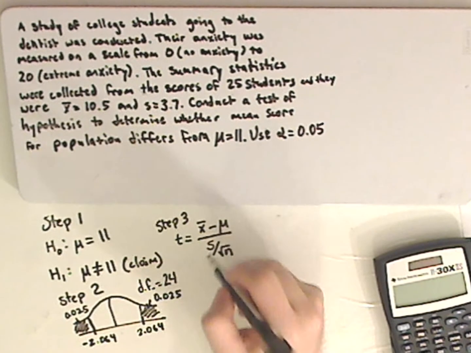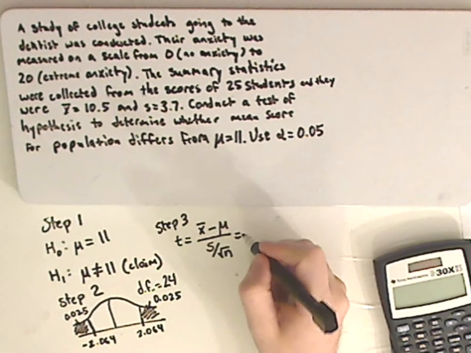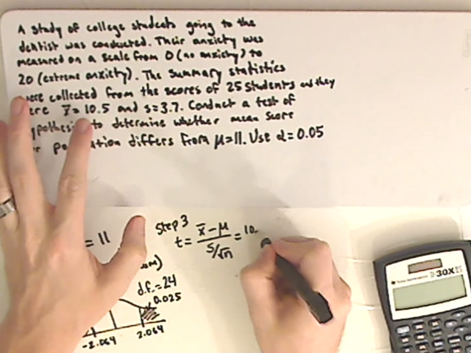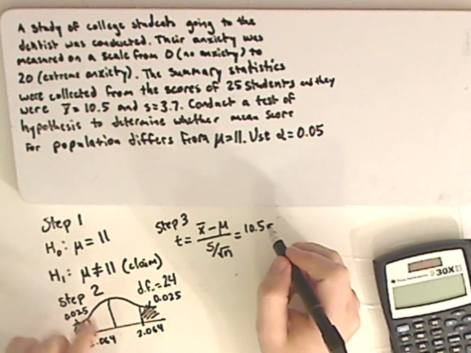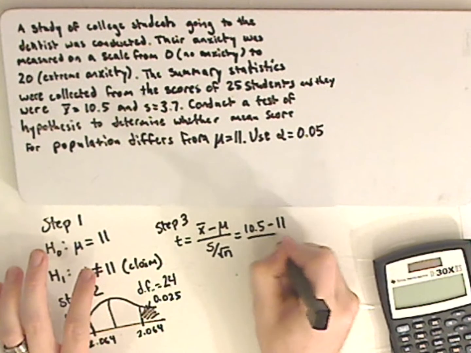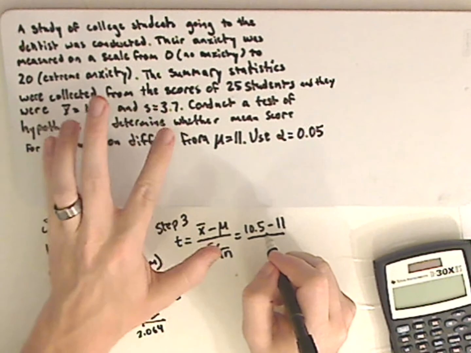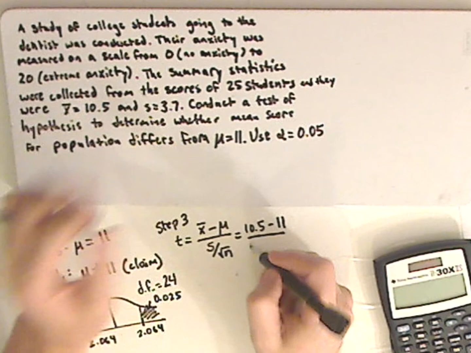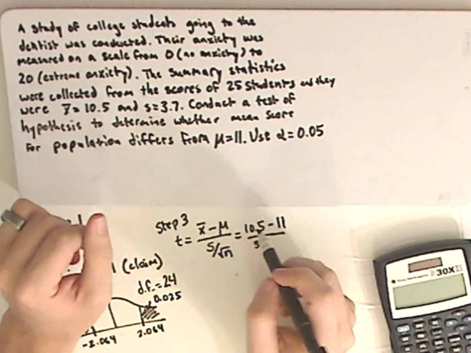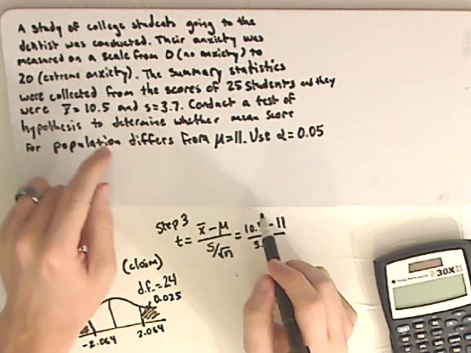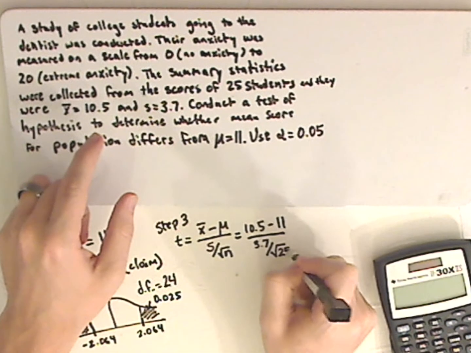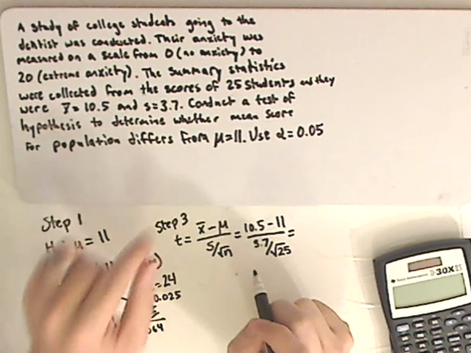You plug all those numbers in. They tell you that your x bar is 10.5. Your mu that you're testing is 11. The standard deviation, again from the word problem, is 3.7, and the sample size is 25. So it would be the square root of 25.